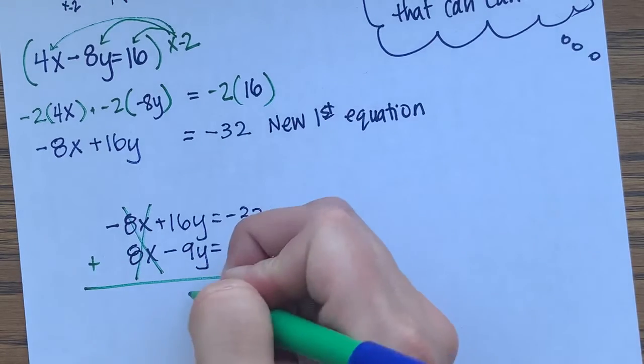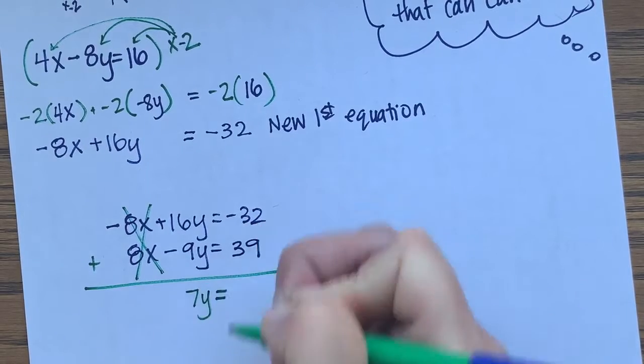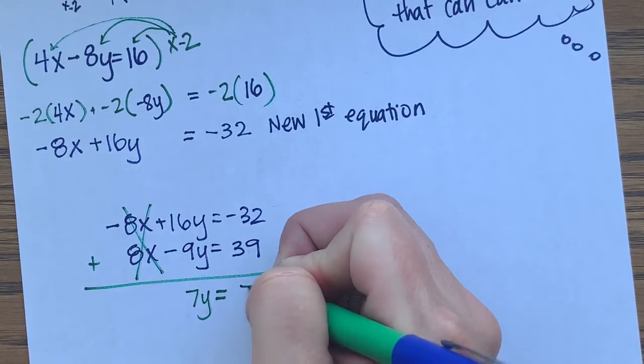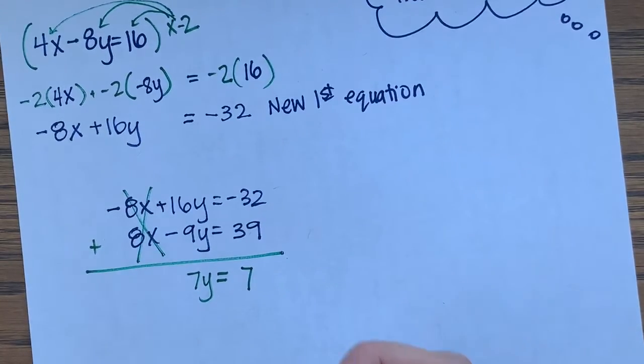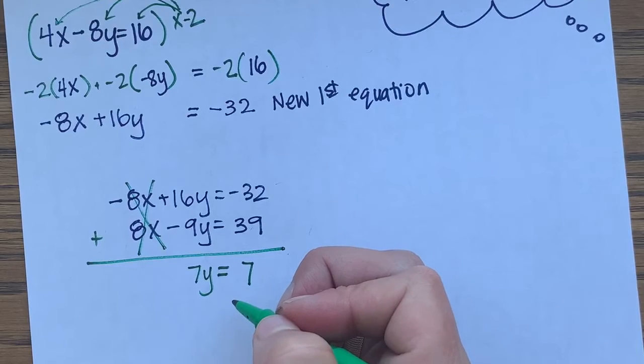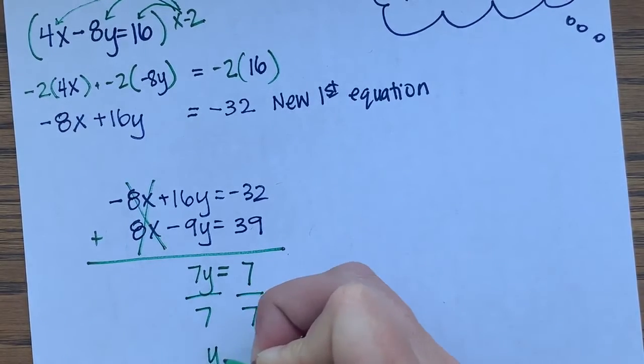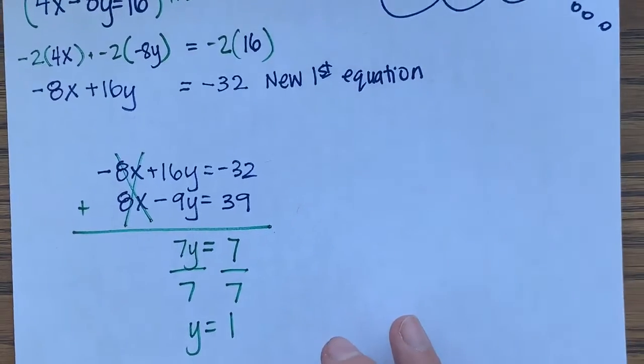When I add those, I get 7y. And I have 39 and negative 32. When I add those, I also get 7. So I'm down to one variable, which is good. Divide both sides by 7, and y equals 1.